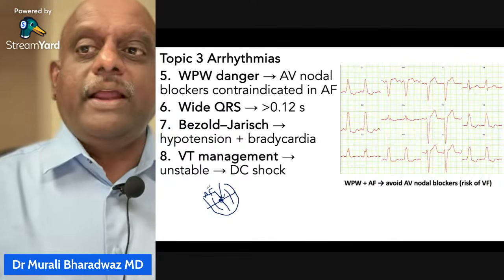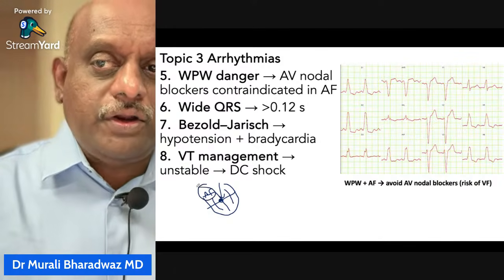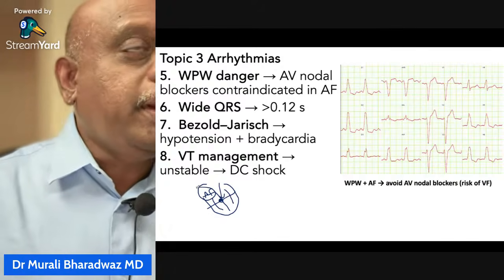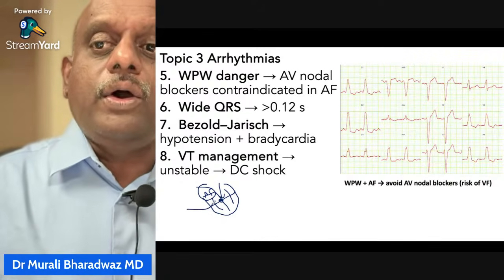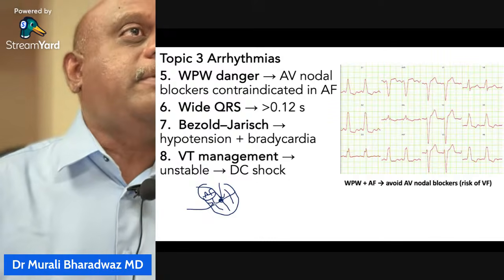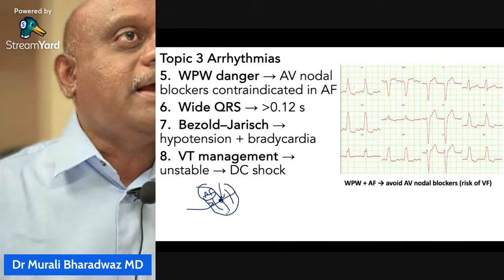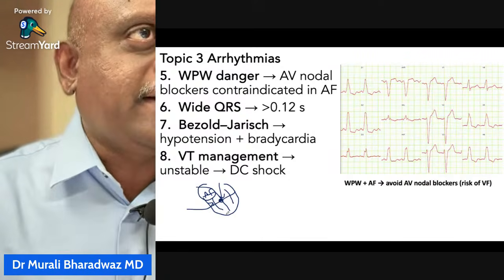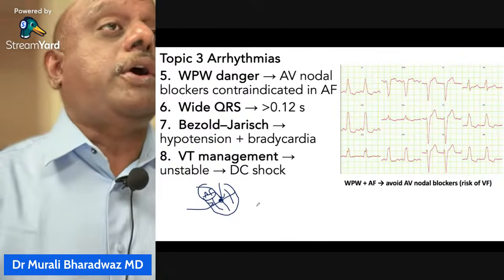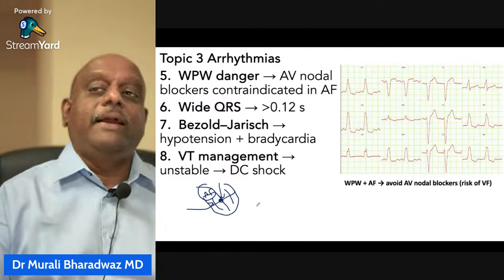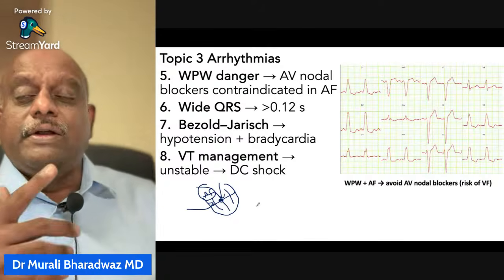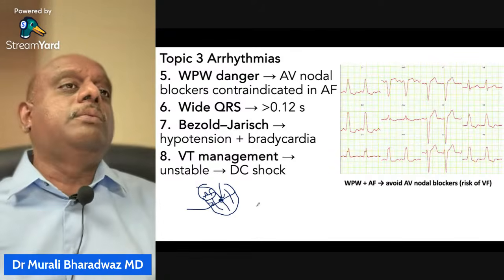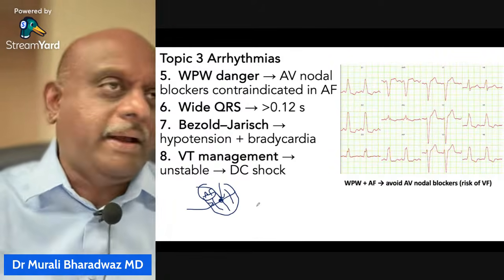That is the reason whenever AF is there in WPW, instead of digoxin, what do you need to give? You need to give a drug which preferentially will go and make this re-entry pathway become refractory. That is the reason procainamide is the drug of choice to manage AF in case of WPW syndrome, is what we need to remember.